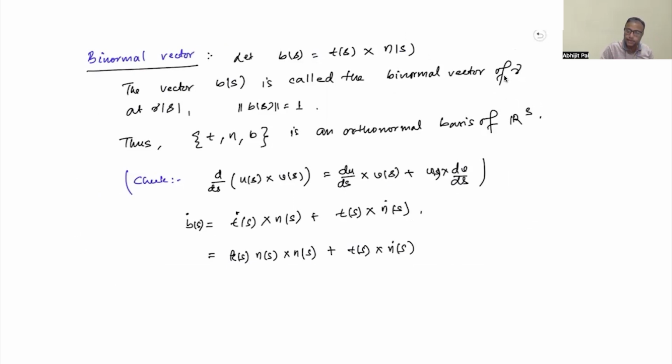The first term here is equal to 0, because for any vector v, v cross product with v is equal to 0.